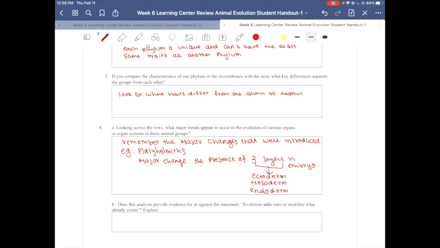Before that, we didn't have that, but then we have the mesoderm, which gave rise to muscles and a circulatory system, and that's going to allow the organisms to get more nutrients and move around, and that offers an advantage, right? So evolution is going to add on to or modify what already exists. And we can also see that in the chart, where each of the characteristics keeps building more complex because they offer more advantage.